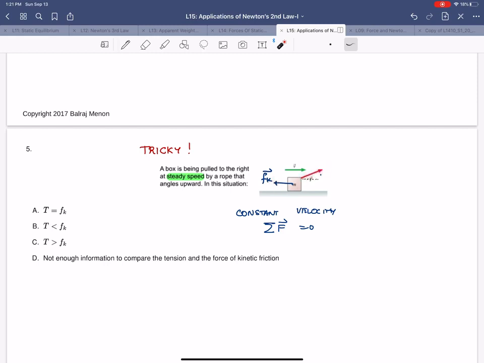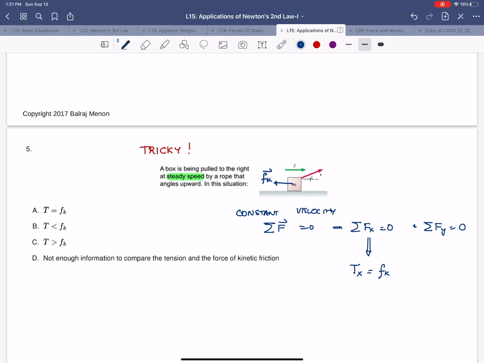What is true is that the net force in the horizontal direction has to be zero. So the net force in the x direction is zero, and also the net force in the y direction, but that's not relevant in this particular problem. This tells us that the x component of the tension must equal the force of kinetic friction.